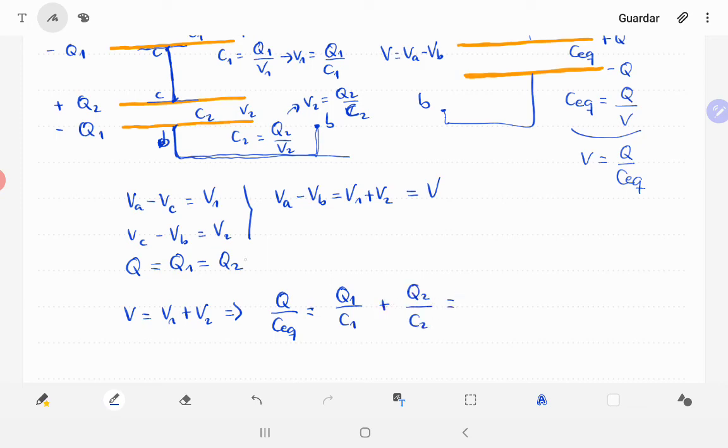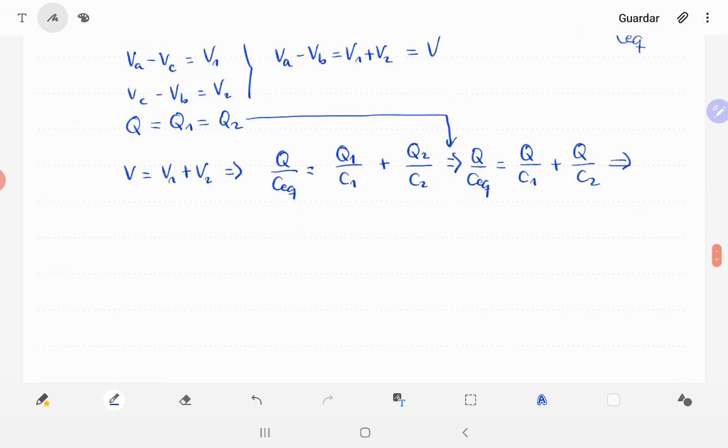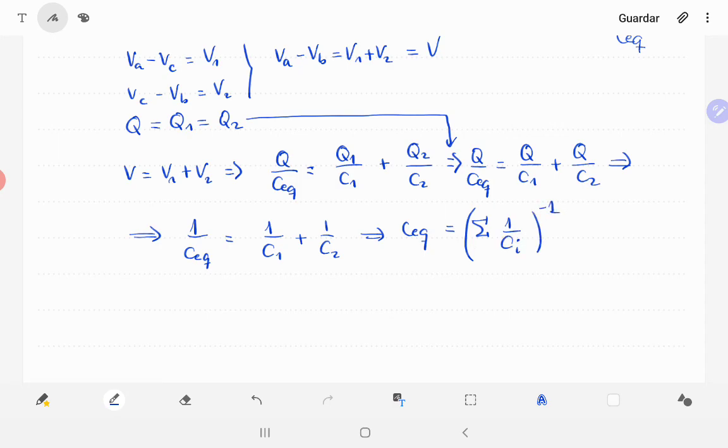As we've argued before, Q1 and Q2 are the same, so Q divided by the equivalent capacitance has to be equal to Q divided by C1 plus Q divided by C2. This is that 1 divided by the equivalent capacity has to be 1 divided by C1 plus 1 divided by C2. This is, the equivalent capacity has to be the inverse of the addition of the different capacitances to the minus 1.